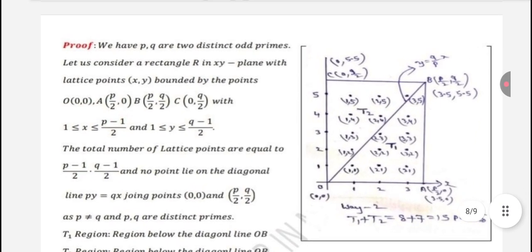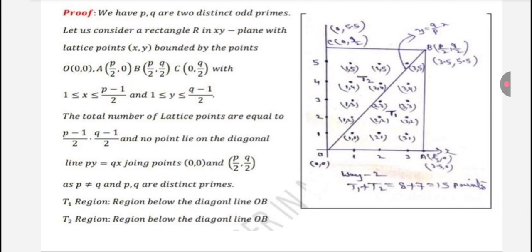Consider two distinct odd primes. Consider the rectangle in the xy plane with the lattice points xy bounded by the points 0 0, capital A p by 2 comma 0, capital B p by 2 comma q by 2, and capital C 0 comma q by 2.